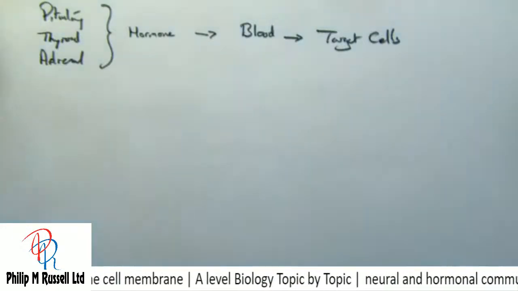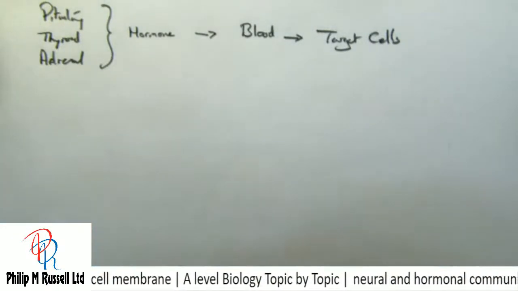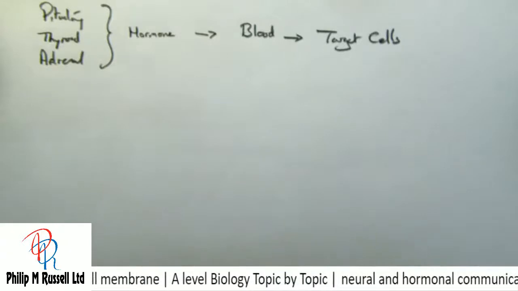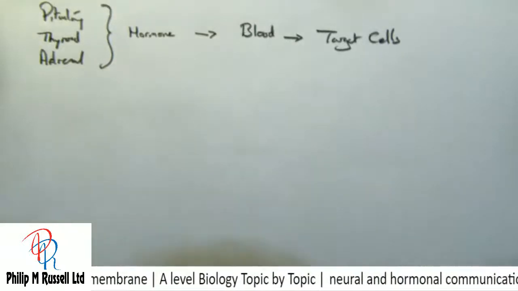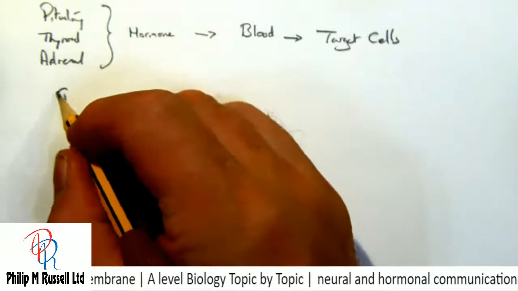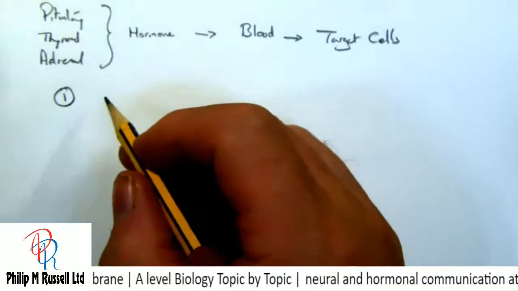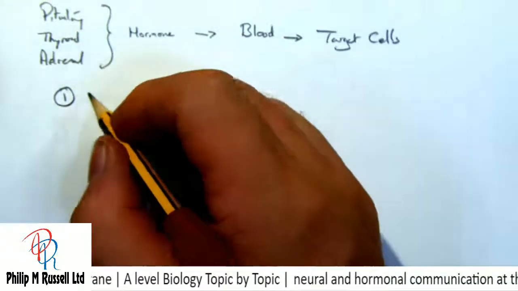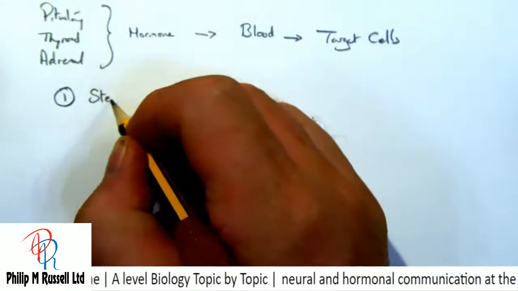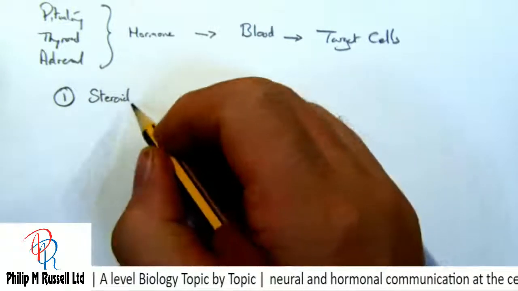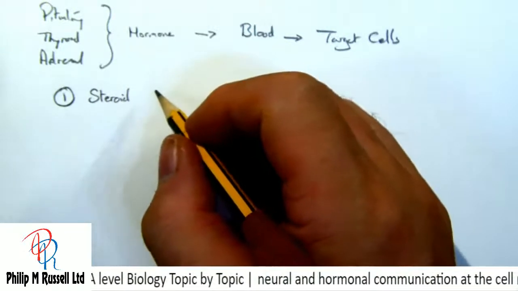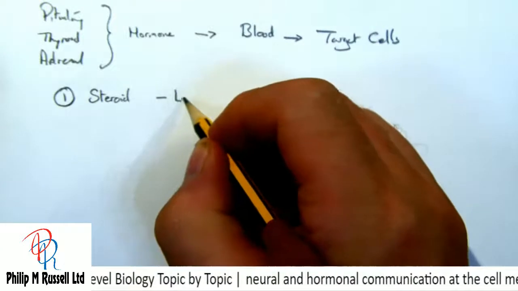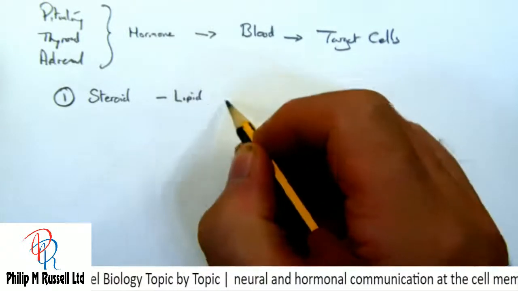Now we're going to try and work out what's going to happen. Well, we've got two choices. Our first choice is we're going to have some sort of steroid based hormone. These are going to be lipid soluble.